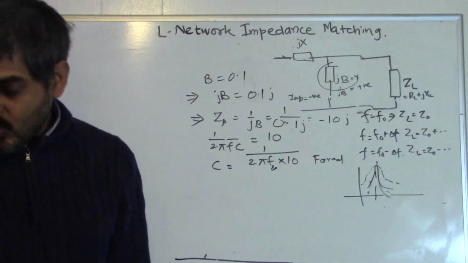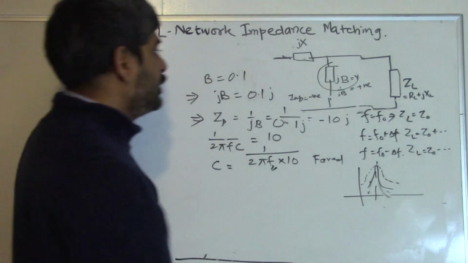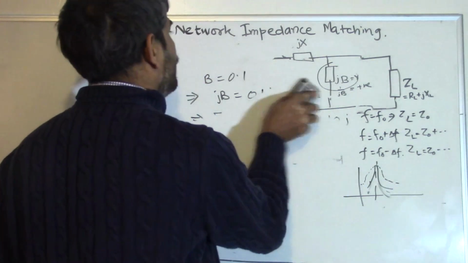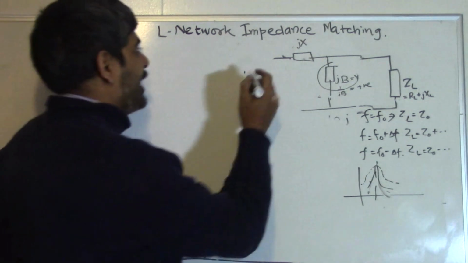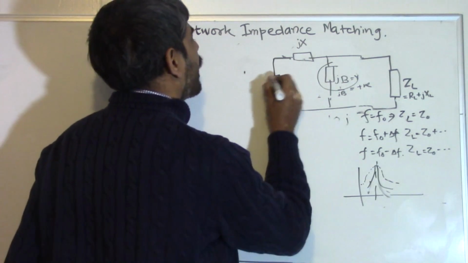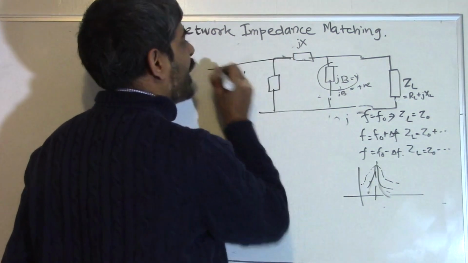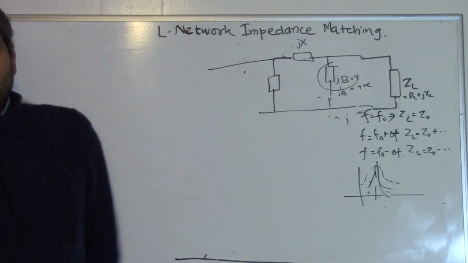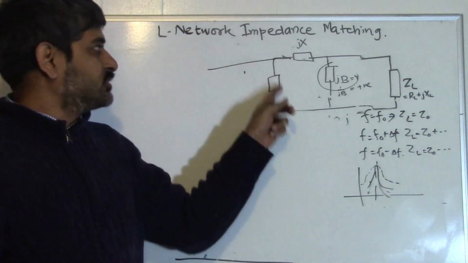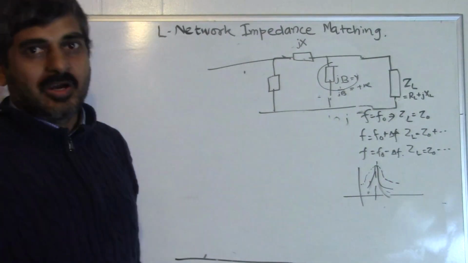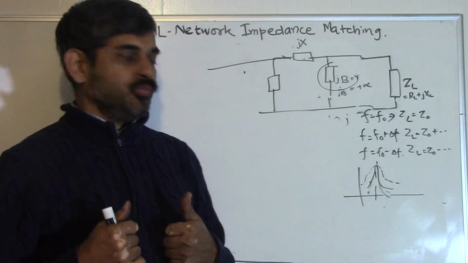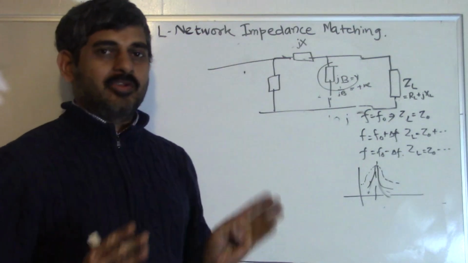For this we have the concept of the pi network. What we do here is, instead of two elements, we add another element like here. And if I add another element here, then I can play around with those three values, and then I can shrink or expand this curve. In other words, we have control over the bandwidth of this curve.